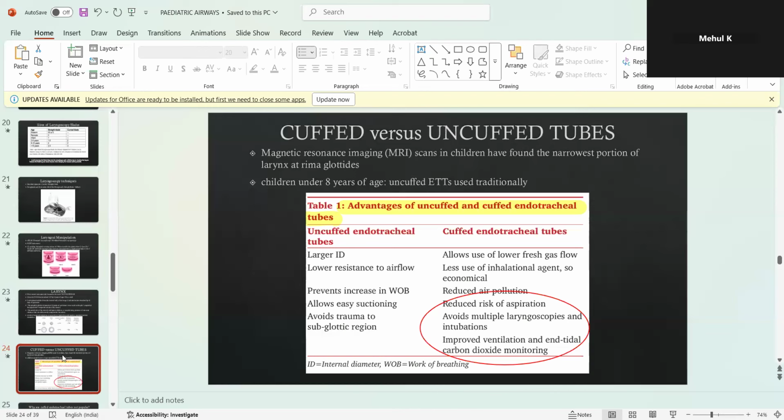The advantages with the uncuffed ETTs is that they've got a larger diameter, and so it's not about the larger internal diameter. When you're using a cuffed tube, the cuff adds to the outer diameter of the tube. So passing the same size of cuffed tube isn't as easy as passing the same internal diameter uncuffed tube.